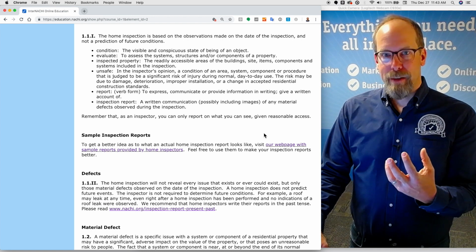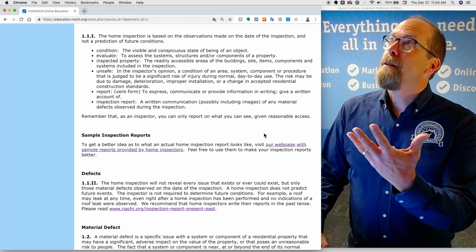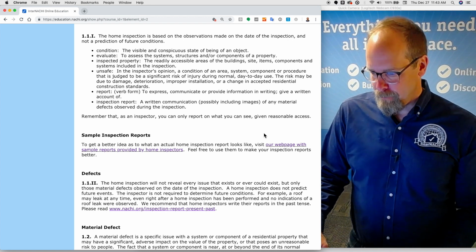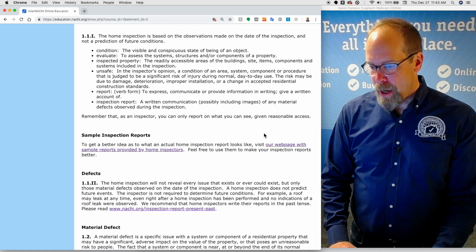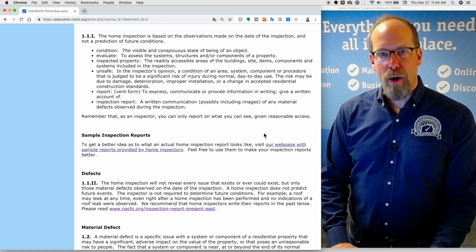So a condition is the visual, obvious, conspicuous state of being of a particular object that you're inspecting. And evaluate is to assess the systems, structures, components of a property.